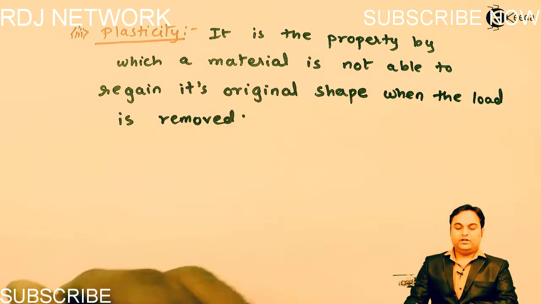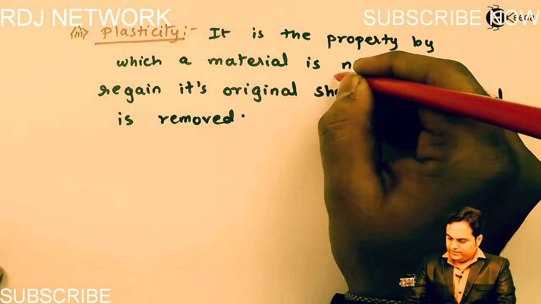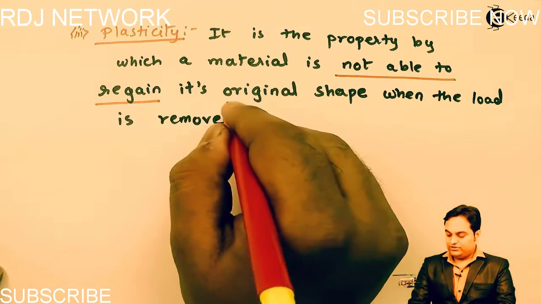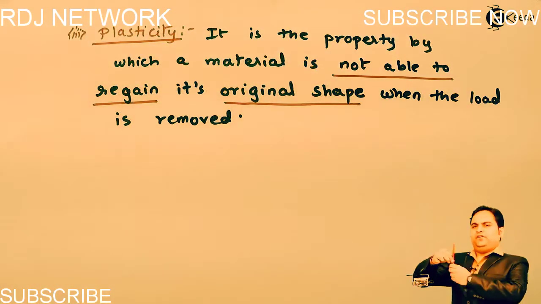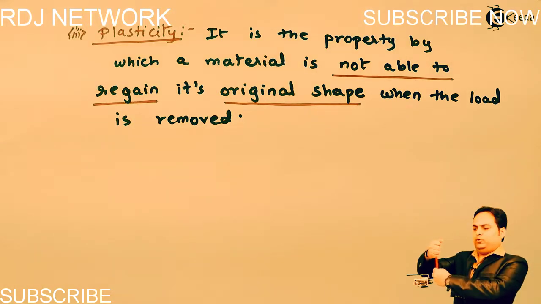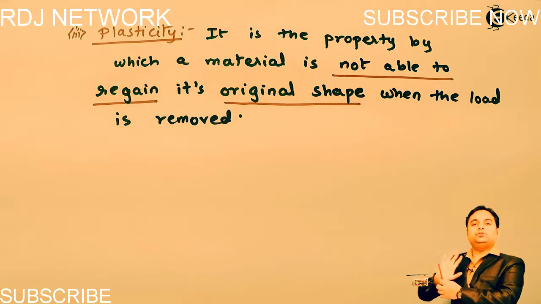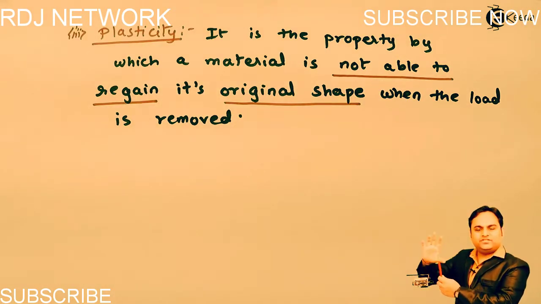It means here in case of plasticity, the material is not able to regain its original shape. Like for example, I have this pen. If I am applying a load and pulling this pen, then its shape will change, and the moment I remove the load, it will not regain its original shape. Means when the load was applied, the shape has changed.